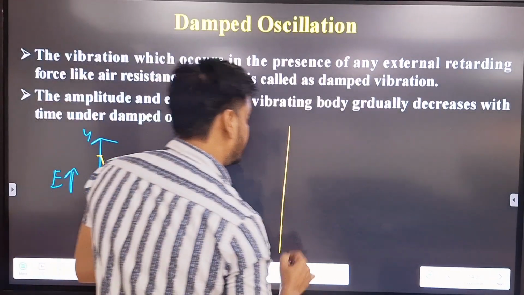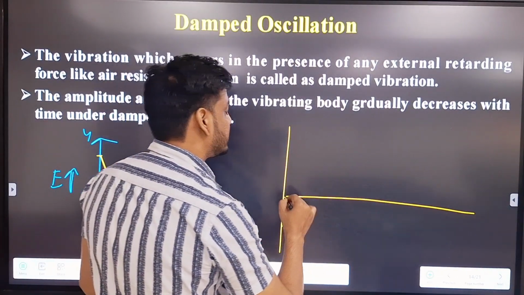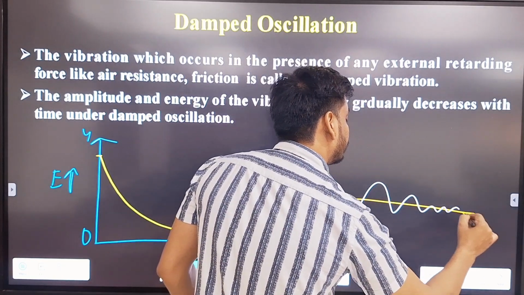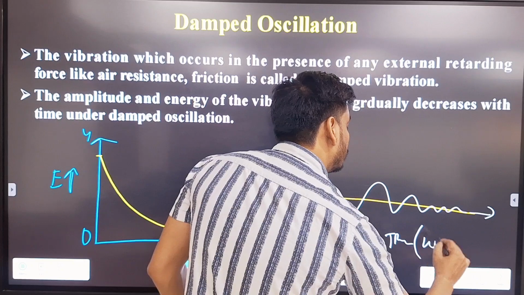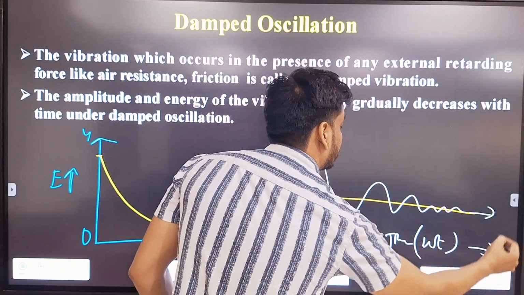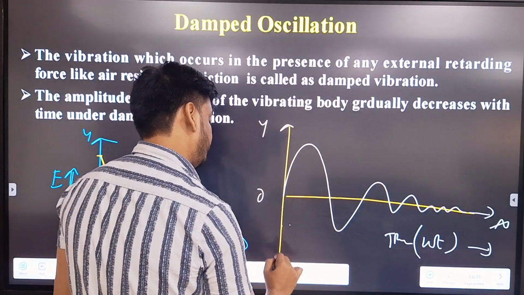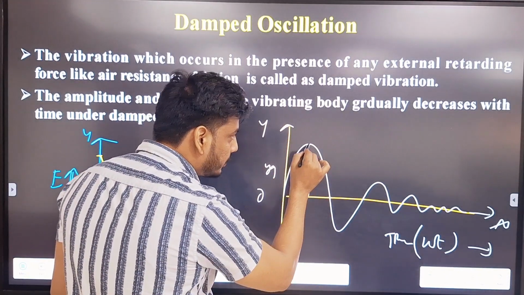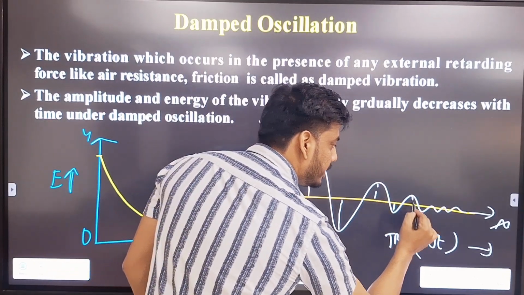Similarly, the amplitude gradually decreases with respect to time. Time or omega t, whatever you take, is along the x-axis. See here the amplitude up to this much. As time proceeds, the amplitude gradually decreases.